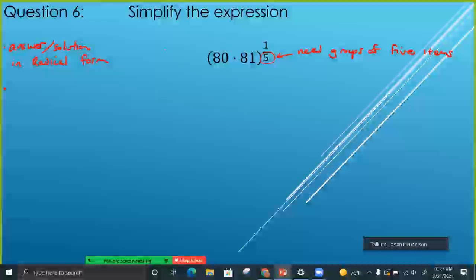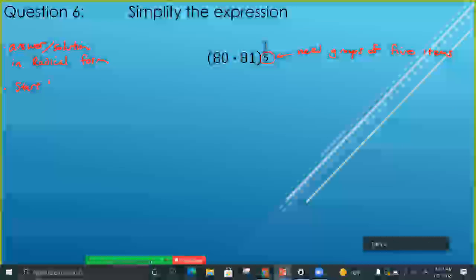So how do we start a problem like this? Look at whatever is being raised to the fraction exponent. Normally it's just one number, but this time it's 80 times 81. So start by doing the factor tree for whatever's the base, in this case, 80 and 81.